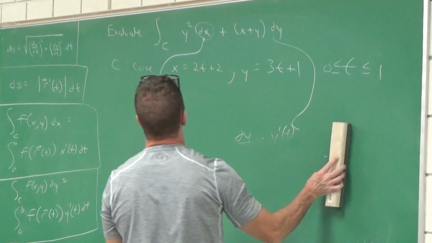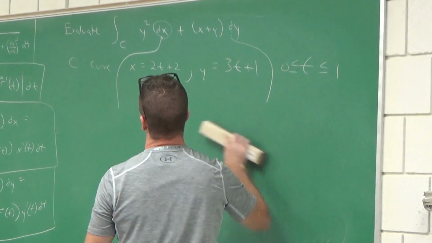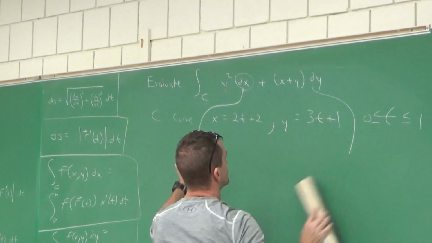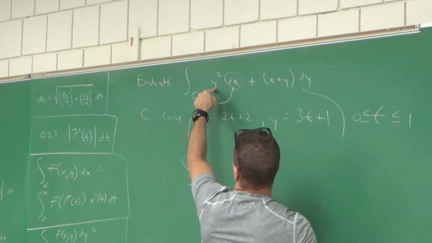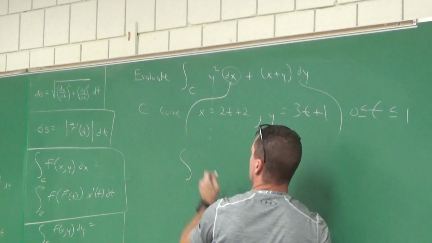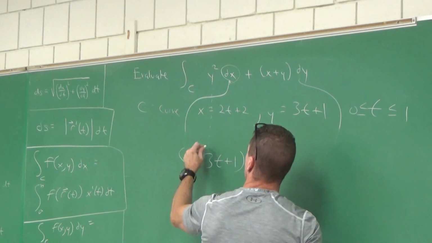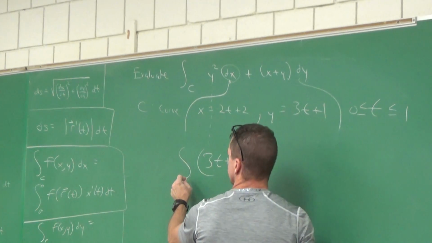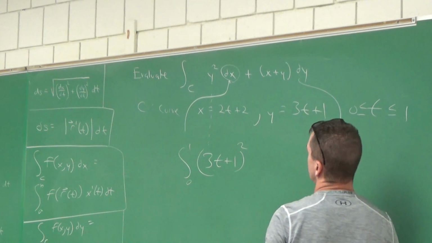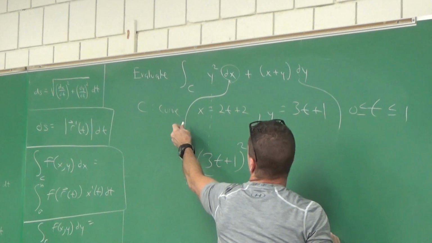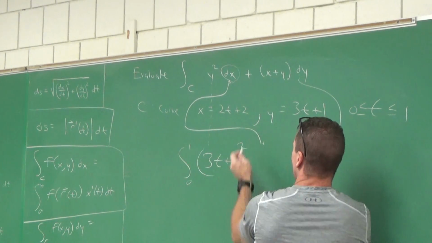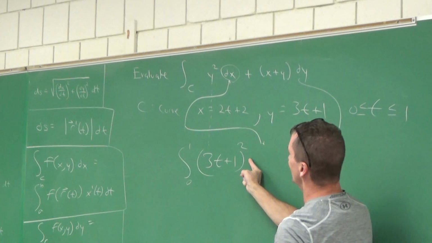Okay, are you all ready to work this problem? Let's do it, one step at a time. What goes there? 3t plus 1, parentheses squared. What are the limits? 0 to 1. What goes right next to it? What is dx?